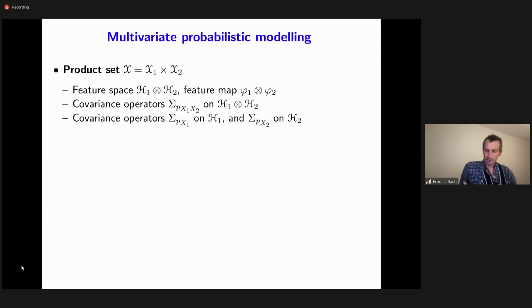The first part is essentially my PhD thesis 20 years ago, on trying to characterize independence between random variables.